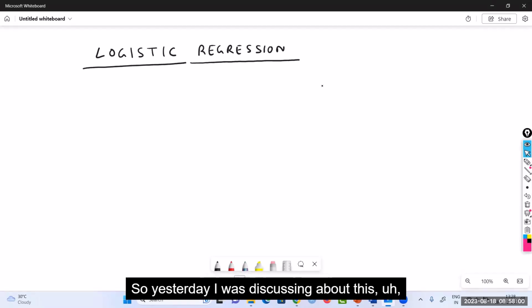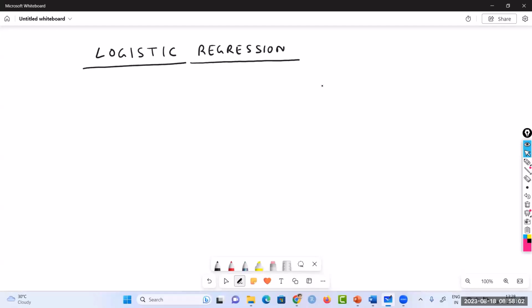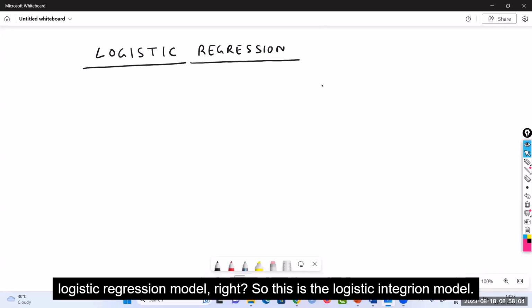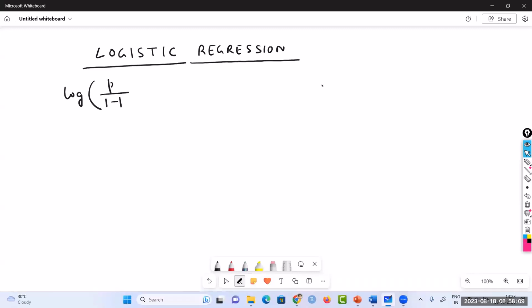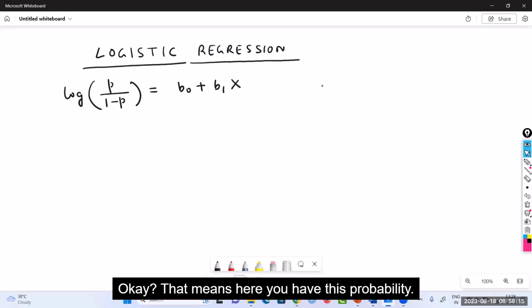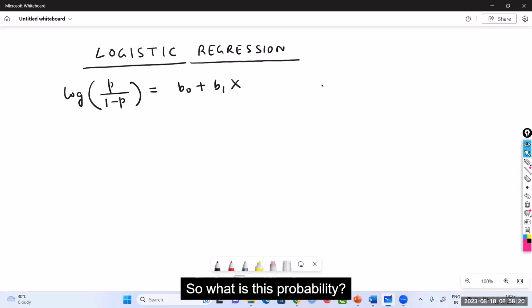So yesterday I was discussing this logistic regression model, right? So this is the logistic regression model. Here you have this probability. So what is this probability?